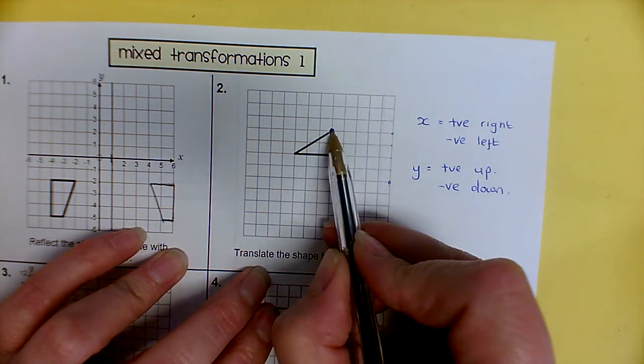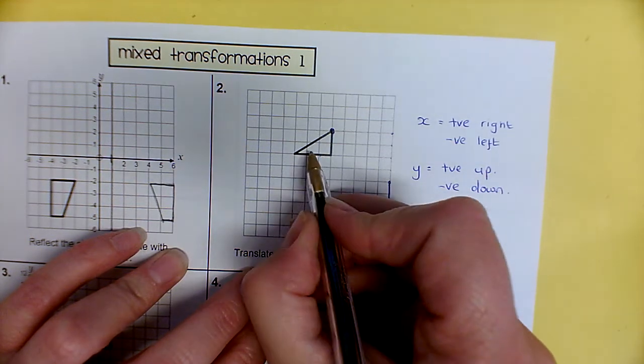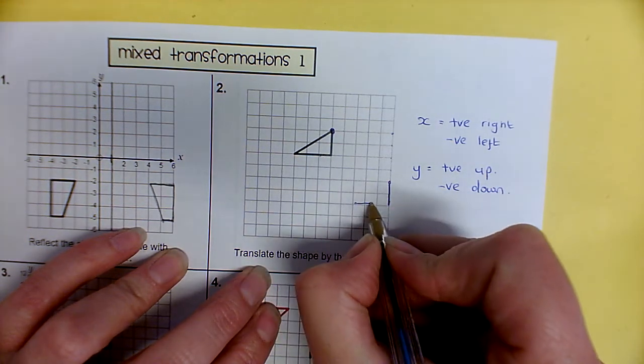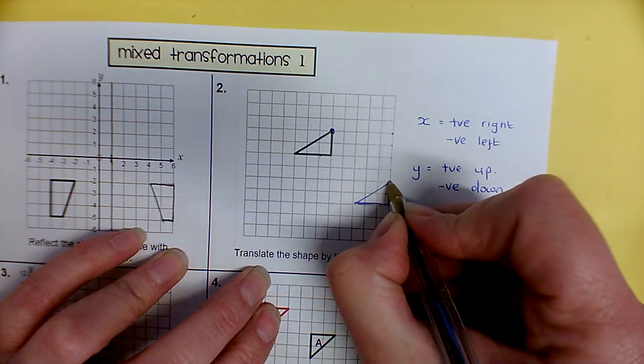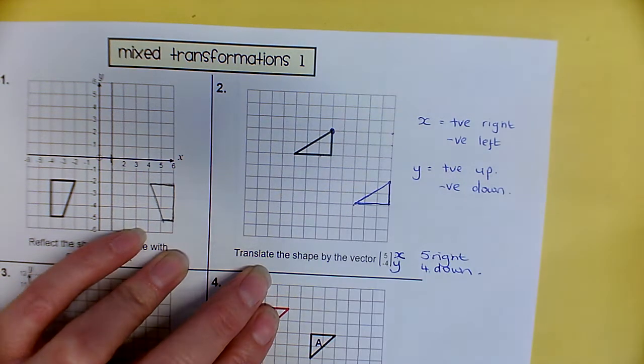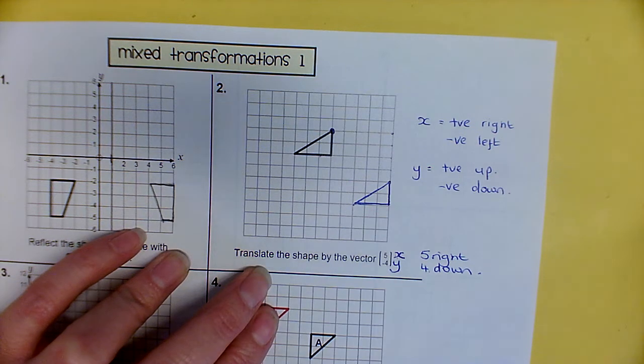I can now just copy this shape, so I'm going to draw a line 2 down, 1, 2, 3 squares across, and then I need to just draw that corner in like so. So I've translated that vector by 5, minus 4.